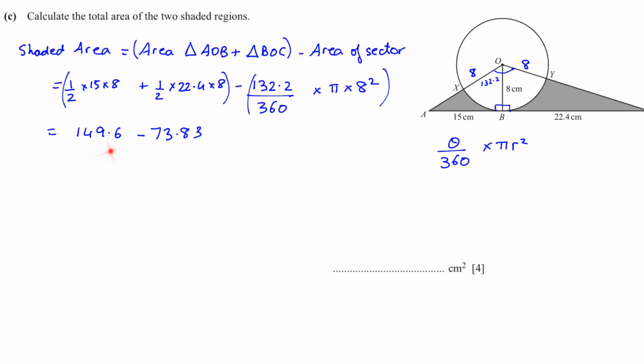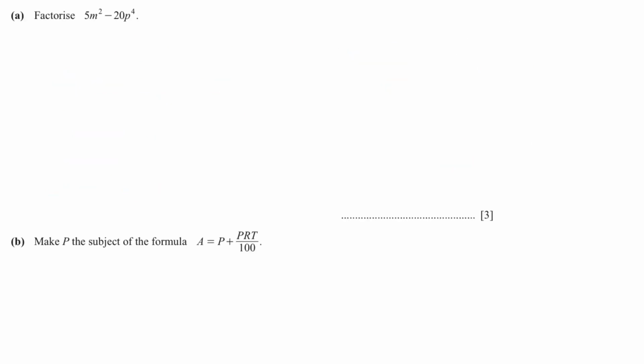So this is what we get. When we add the two areas, we get 149.6, and the area of the sector is 73.83. Subtract the two, and we will have 75.77, round it to one decimal place, 75.8 square centimeter. So that's the total area of the two shaded regions.